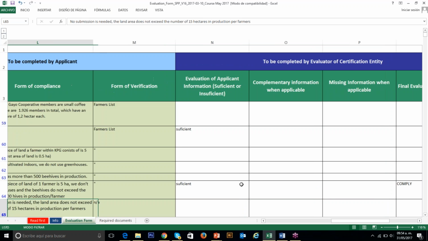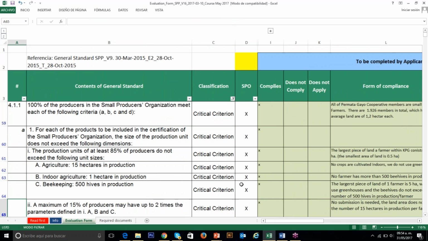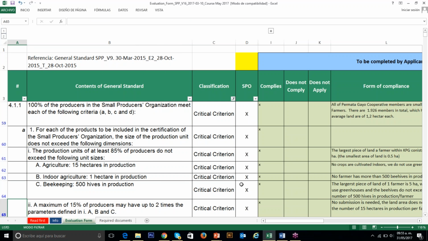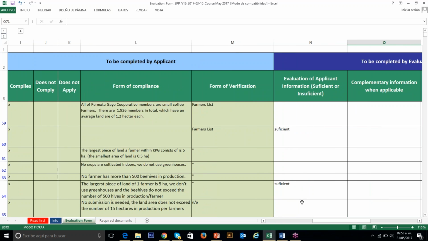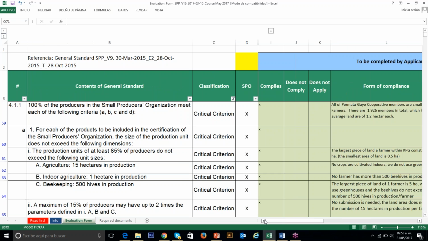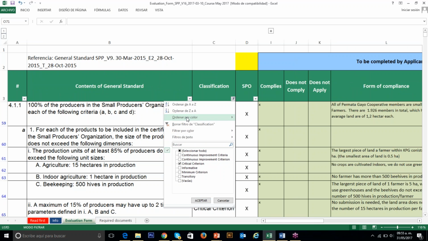This is the way that an evaluator has to review each one of these criteria. I have an example with a continuous improvement criteria.